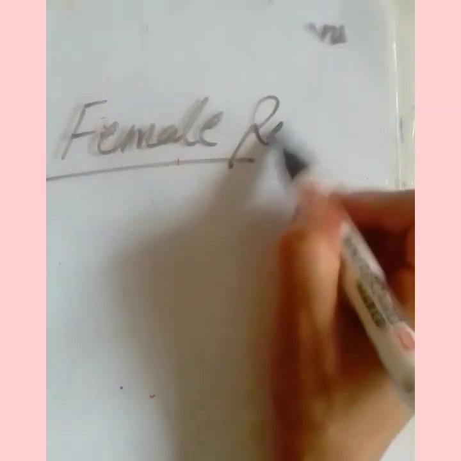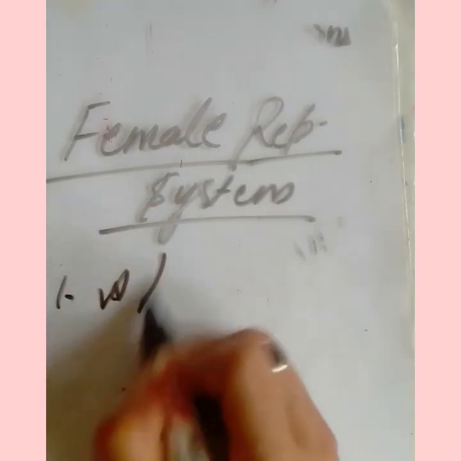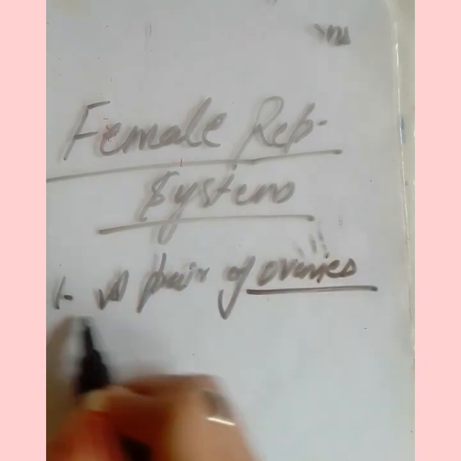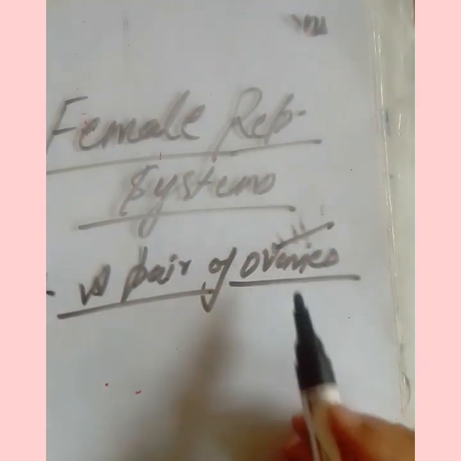Next I will take the female reproductive system. The female reproductive system consists of first a pair of ovaries. As in male you studied a pair of testes, here will be a pair of ovaries.